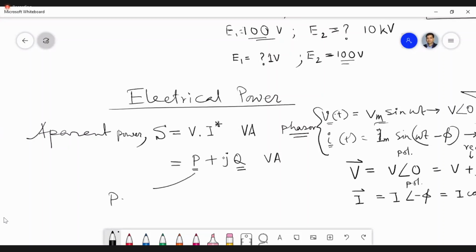This P we can also write as S cos phi, or VI cos phi. This P has the unit of watt. So this is called the active power.